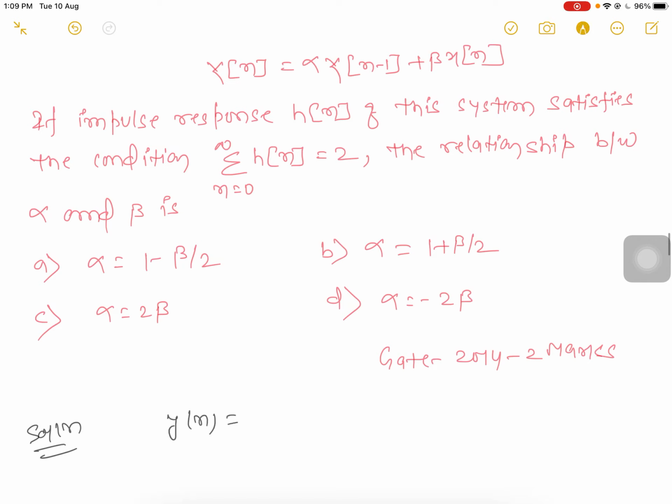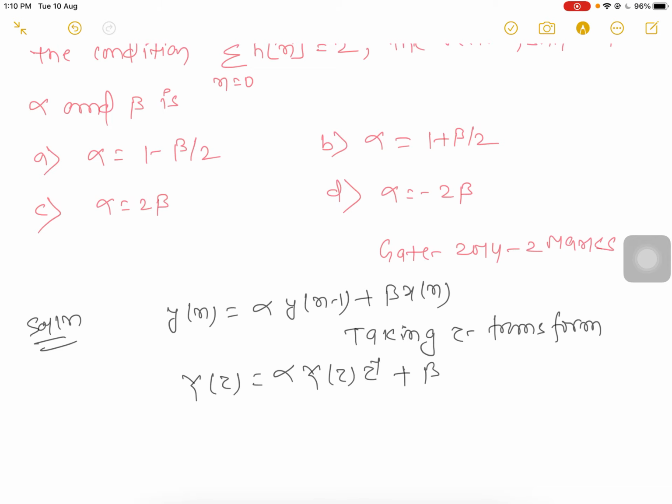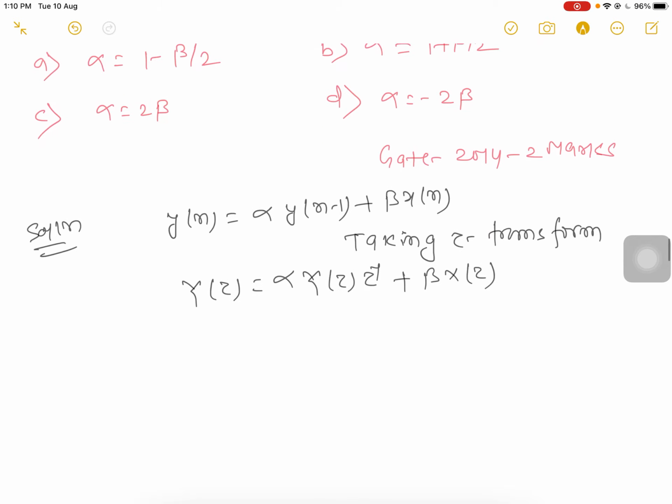Solution: y(n) is equal to alpha y(n-1) plus beta x(n). Taking the Z transform, Y(z) is equal to alpha Y(z) z inverse plus beta X(z).